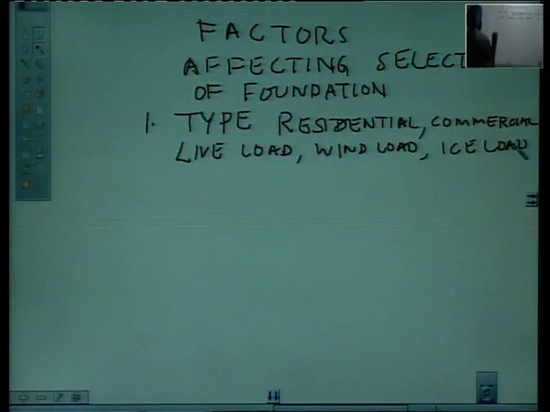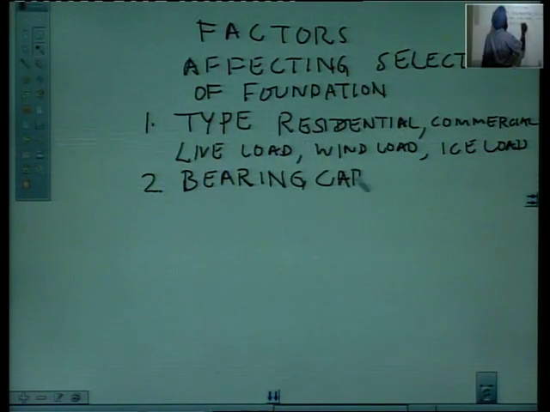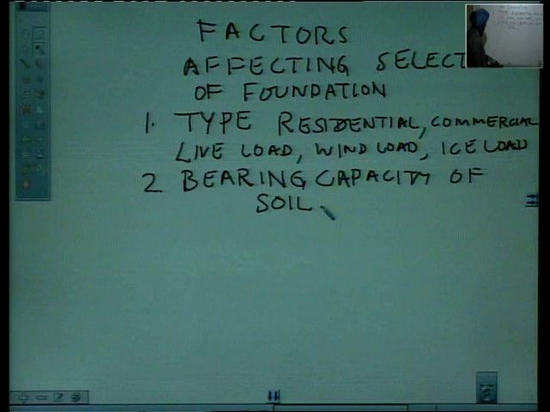Bearing capacity of soil, very important. Whether the soil is rocky one or ordinary one, bearing capacity plays very important role in the design of foundation.